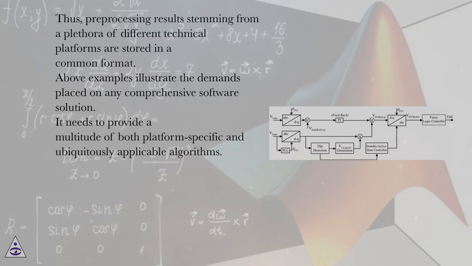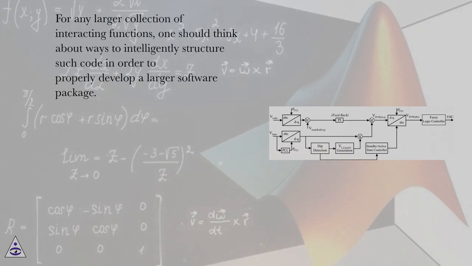Above examples illustrate the demands placed on any comprehensive software solution. It needs to provide a multitude of both platform-specific and ubiquitously applicable algorithms. For any larger collection of interacting functions, one should think about ways to intelligently structure such code in order to properly develop a larger software package.